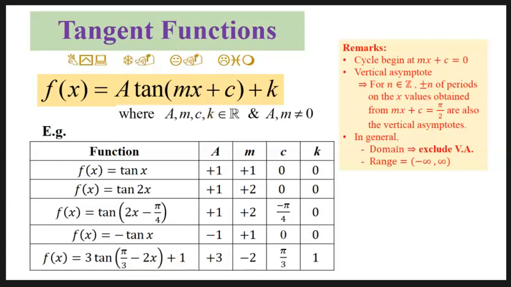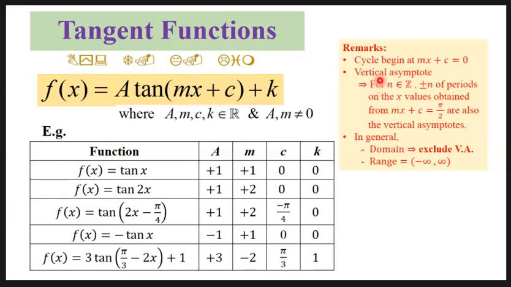Okay, next. Let us go through the remarks before we go on to the next slide. First, when we sketch the graph later, I would like the cycle to begin from the point where mx + c = 0, where mx + c refers to the bracket here. I'm going to begin from the x value solved from mx + c = 0.